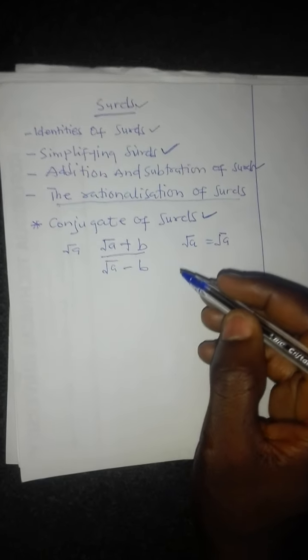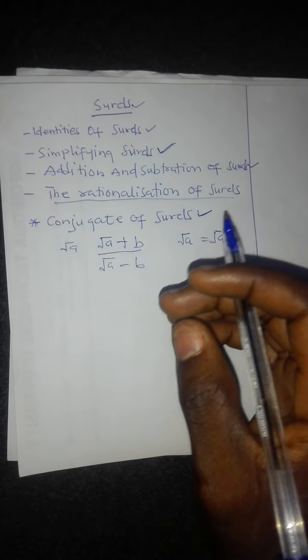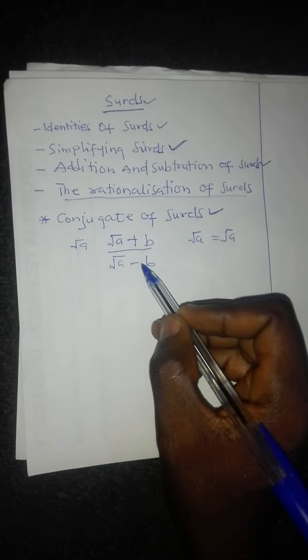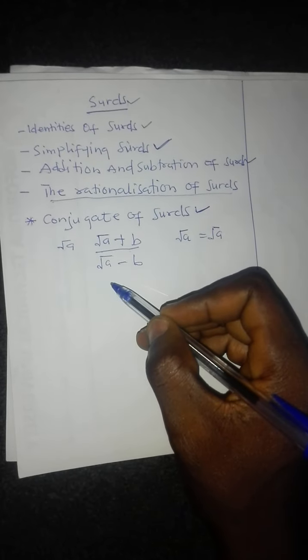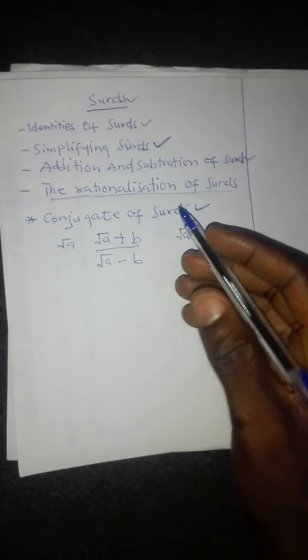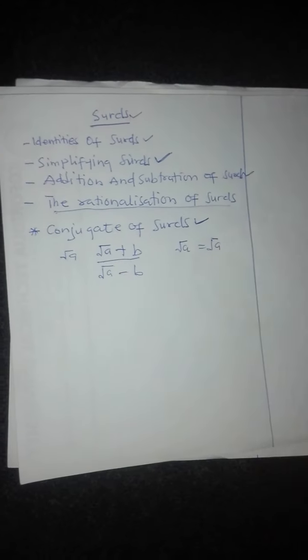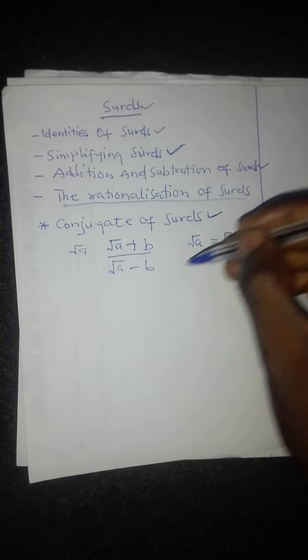In simple terms, the conjugate of a set is changing the arithmetic sign in between the two terms of the set.